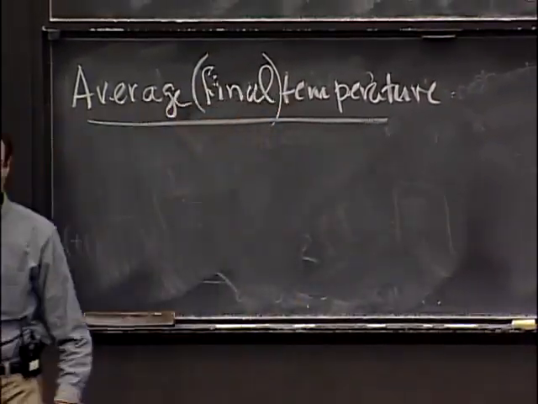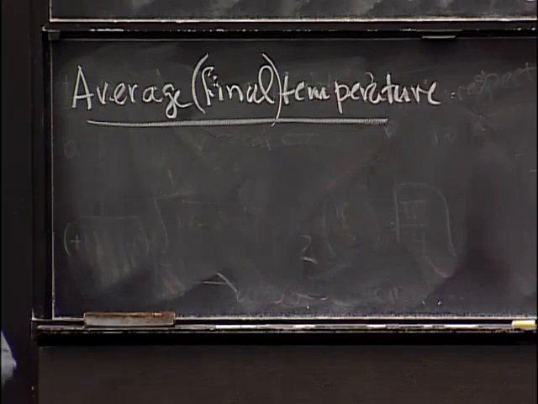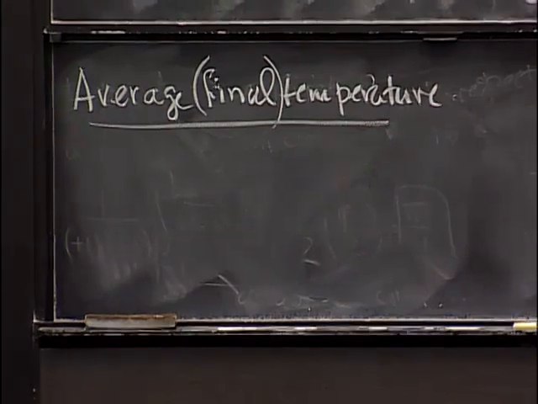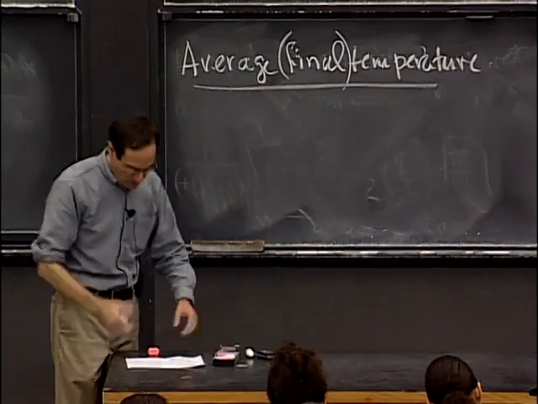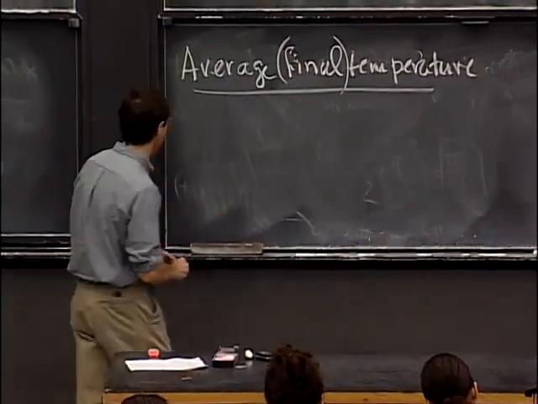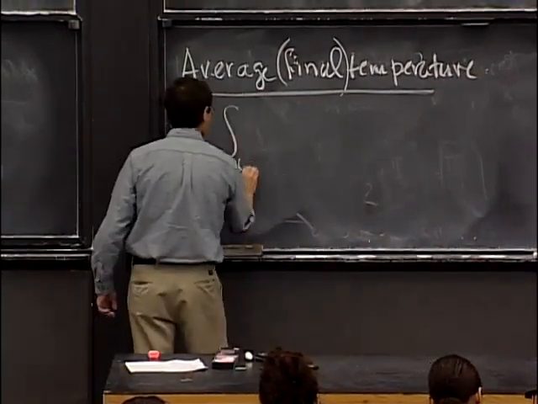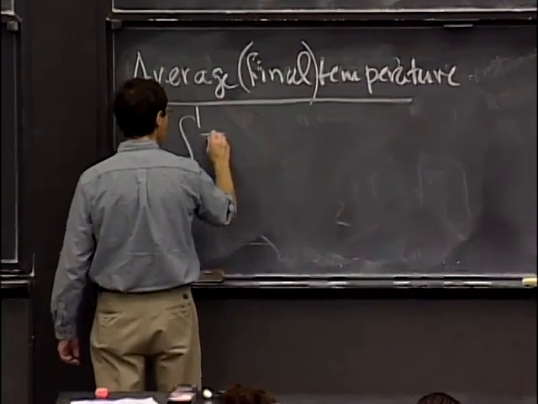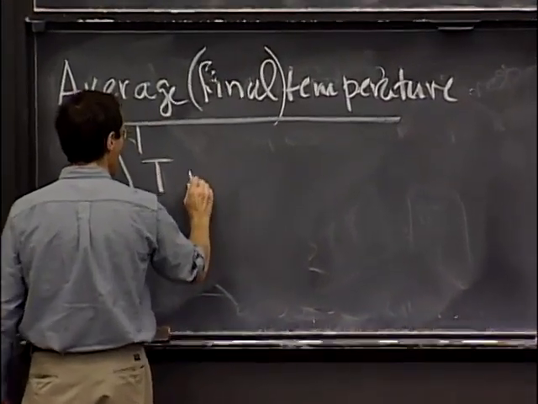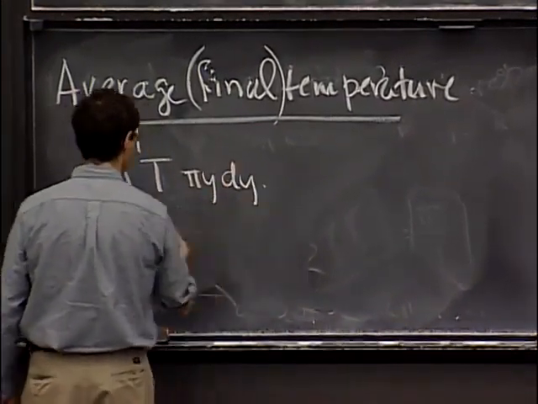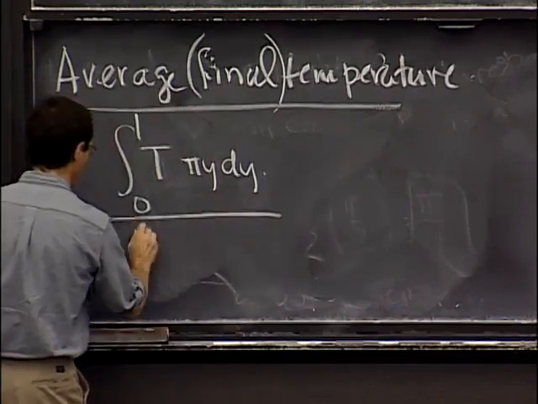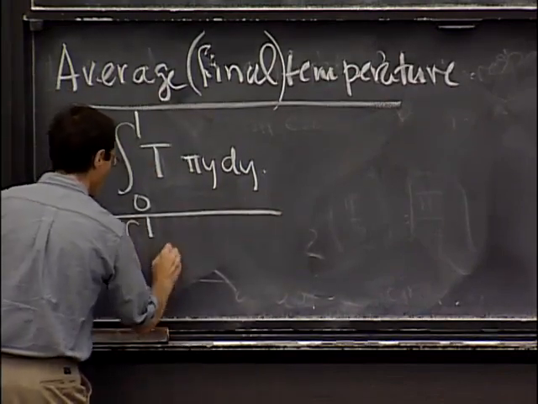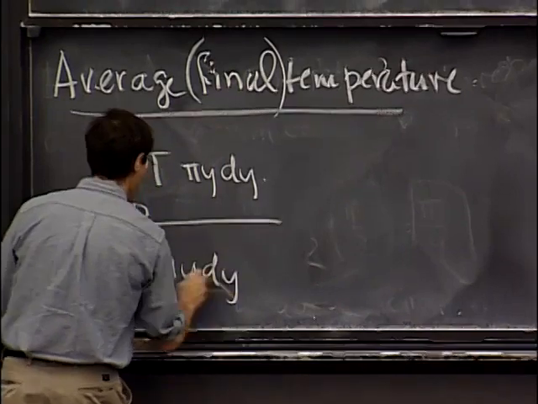The average starting temperature is very boring. It's 0. The average final temperature is, individually the temperatures are different. And the answer here is the integral from 0 to 1 of t times pi y dy divided by the integral from 0 to 1 of pi y dy.